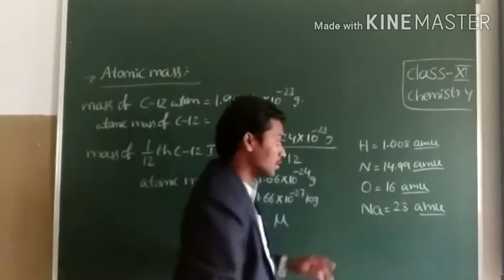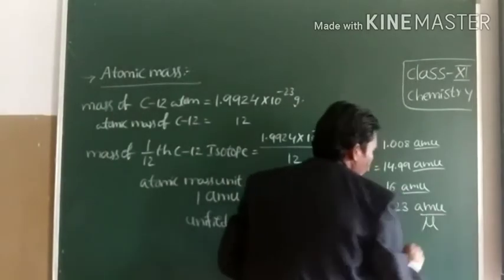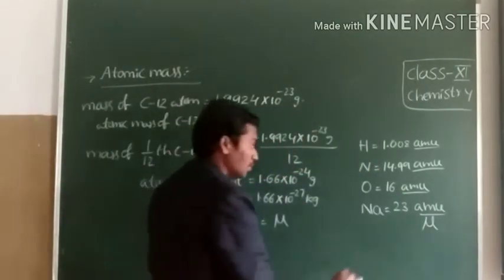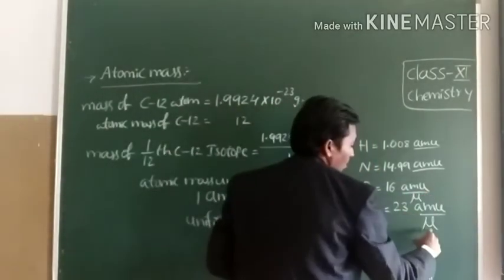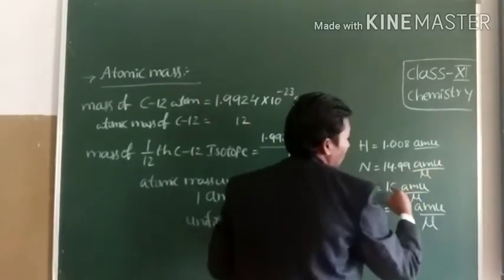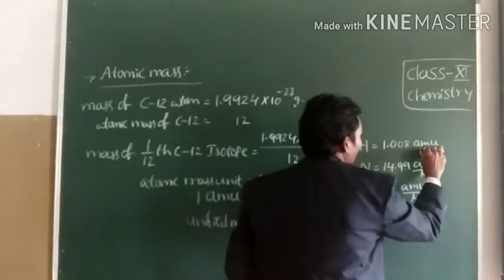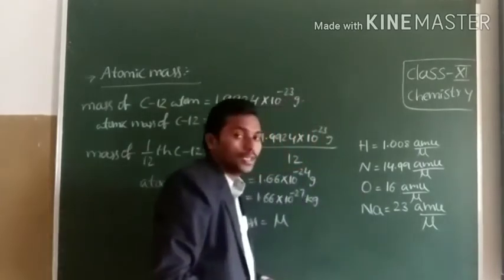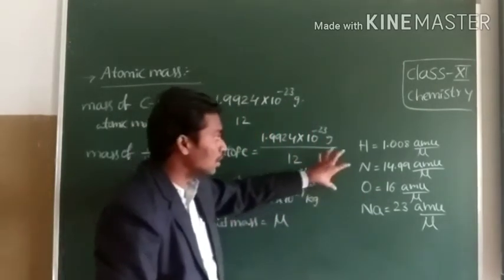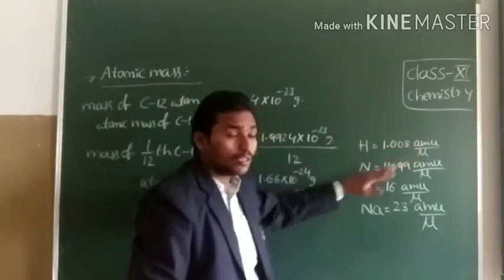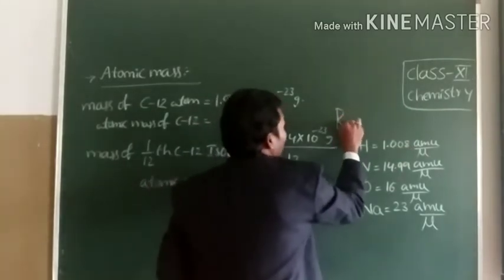Here atomic mass unit is also denoted as u, meaning unified mass. So we can write 16 u, 23 u, 14.99 u and 1.008 u. So this is called atomic mass, also known as relative atomic mass.